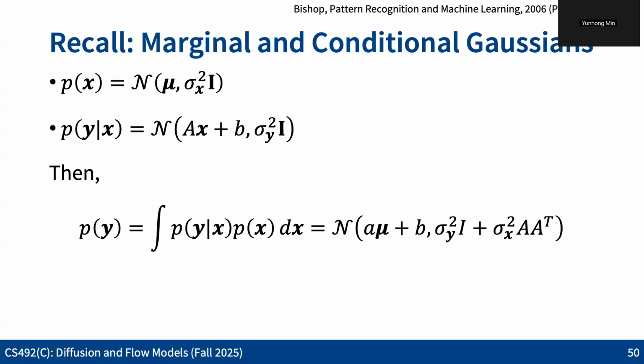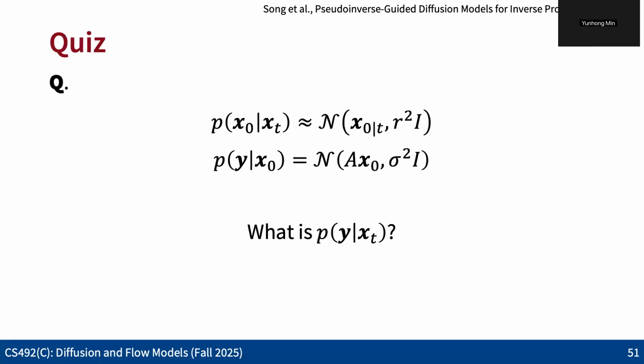That's why we were approximating everything as Gaussian, for the convenience of computing all of these. So now we know how we can compute the marginal distribution here, when these two are Gaussian distributions. Obviously, this is the time that you need to solve the quiz, right?